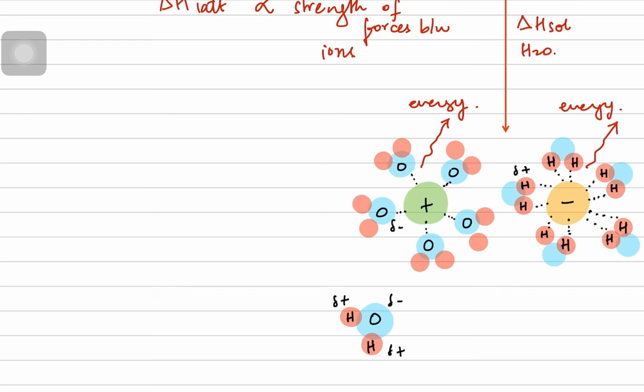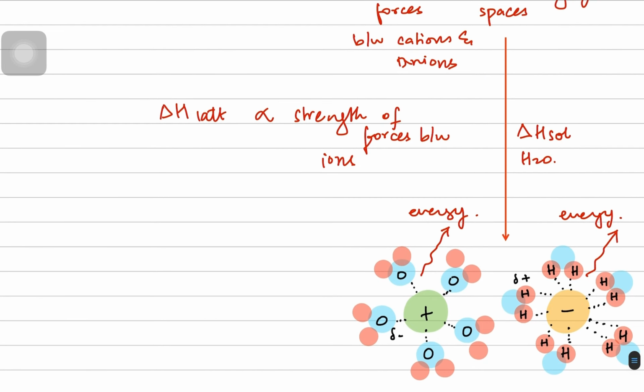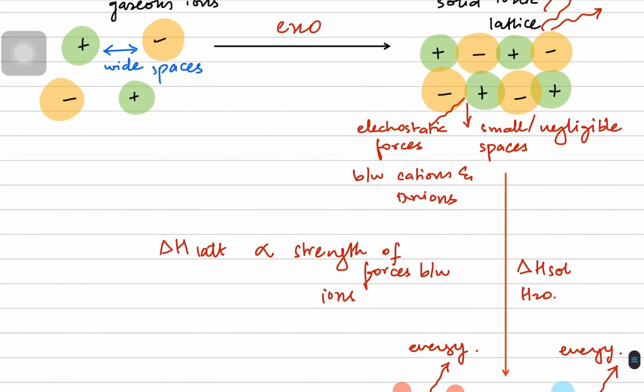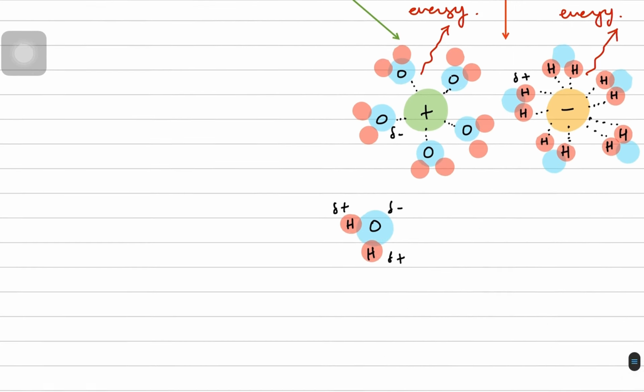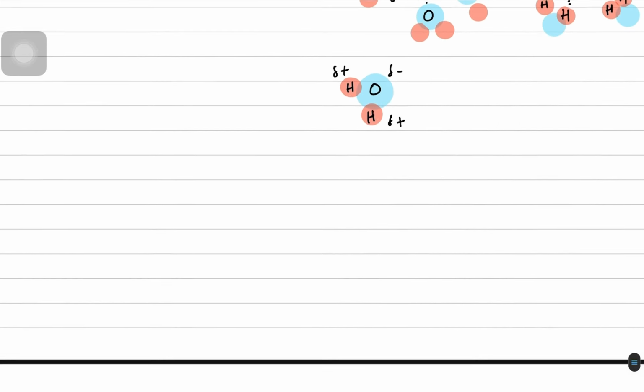That is why the solution is also exothermic. And we know the combined effect of hydration, where the gaseous ions go directly into the aqueous state, again based on attraction, so that is also negative. In today's class, we'll also talk about why certain values are more exothermic than the other.